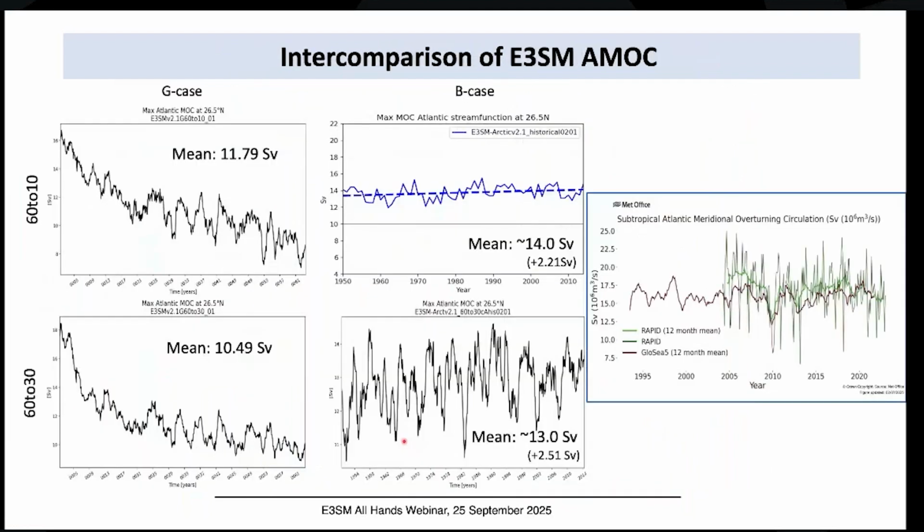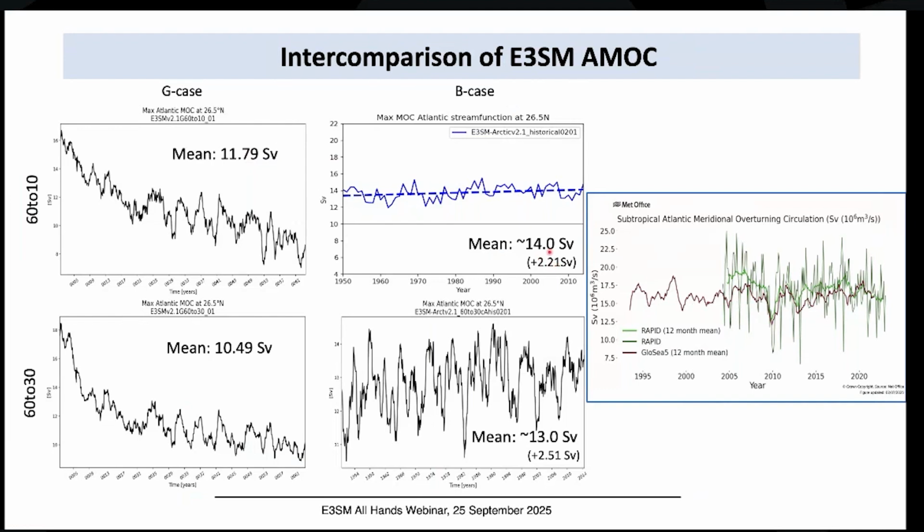One interesting thing that we also did with the V3 simulations, we managed to complete the fully coupled B-case simulations of the same version as the G-case, so 60-10 and 60-30. When we run 60-10 fully coupled, we go from about 11.8 Sverdrup in the G-case to about 2.2 Sverdrup higher, roughly 14 Sverdrup, in the historical simulations.